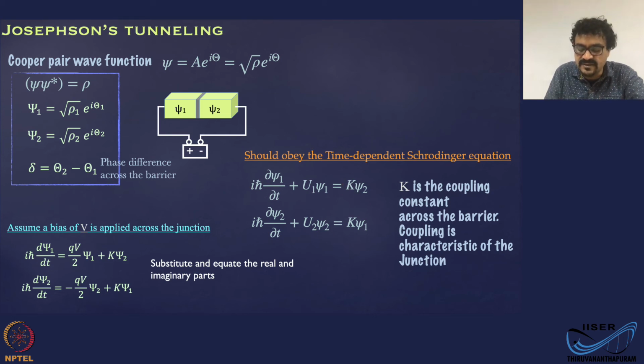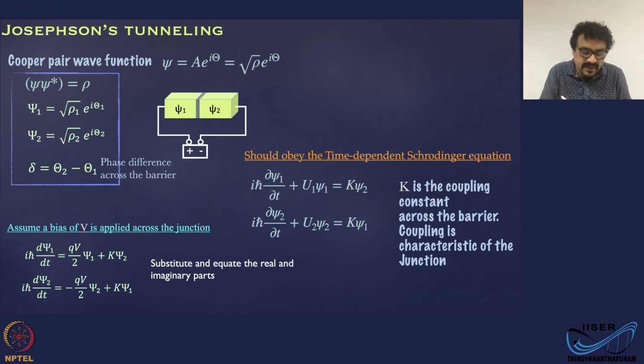So that is the coupling or the transmission, or how much these two wave functions, psi1 and psi2, are overlapping between two sides. That is the characteristic of the barrier or characteristic of the junction. Similarly, for psi2 also we can set up a similar equation: i h bar d psi2 by dt plus U2 psi2 equals K psi1.